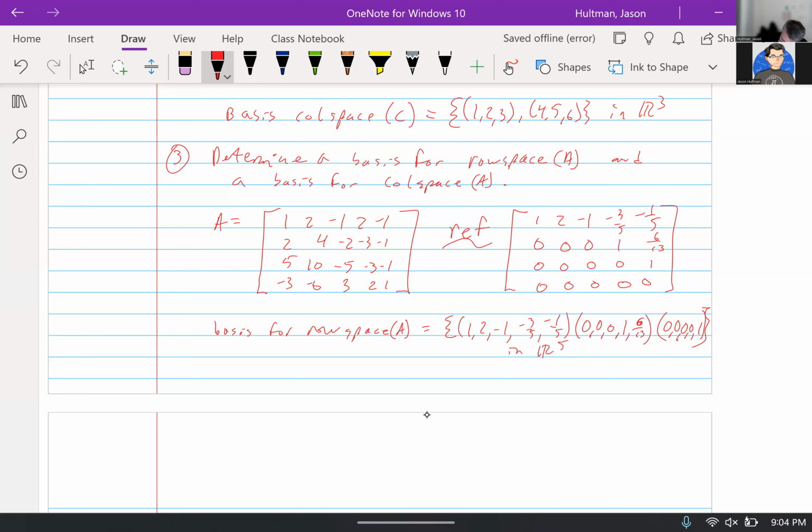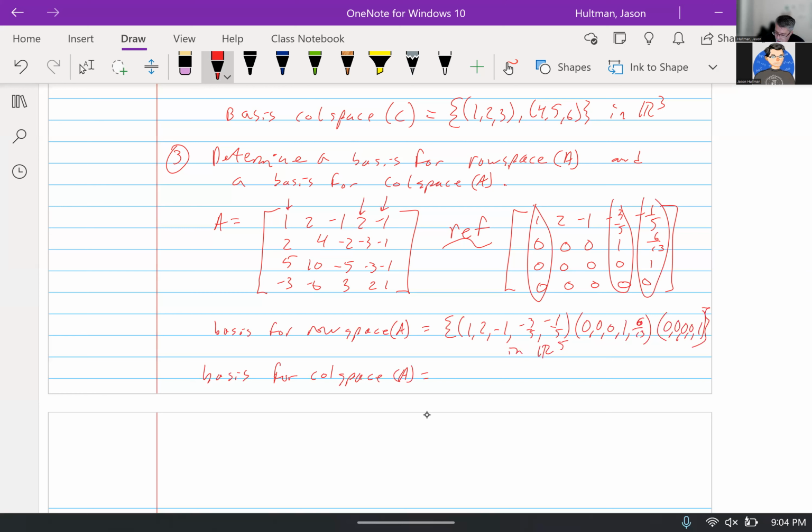Okay, what about my basis for my column space of A? Well, I have this row and this row, and that's going to point back to the first column, the fourth column, and the fifth column.